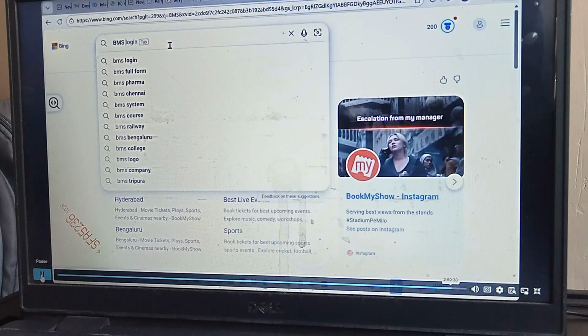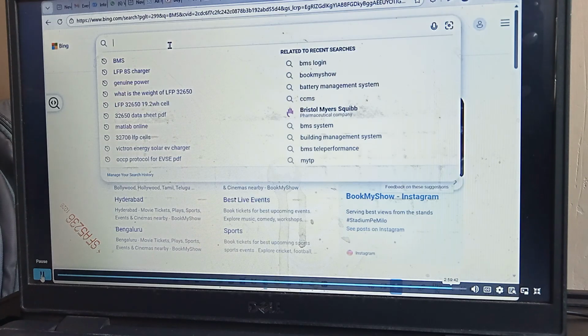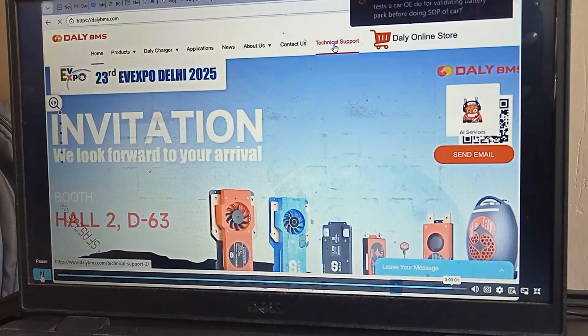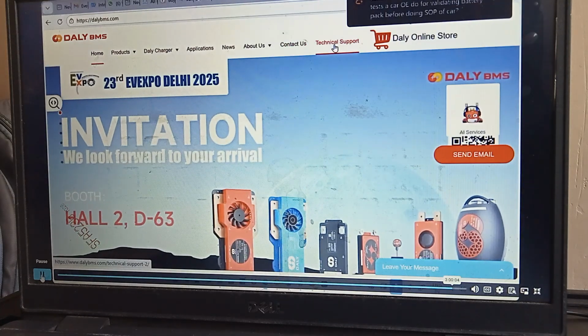A lot of experimentation is needed to find the best way to make a battery pack. You can go to Dali BMS. This is the place where I initially learned about BMS, battery packs, all these steps.